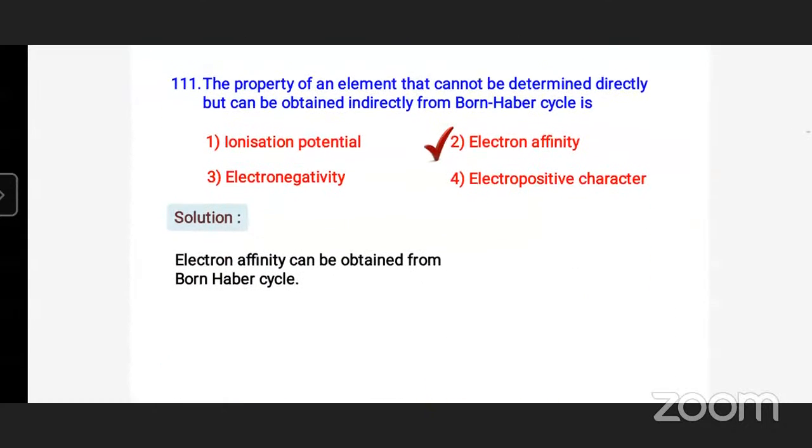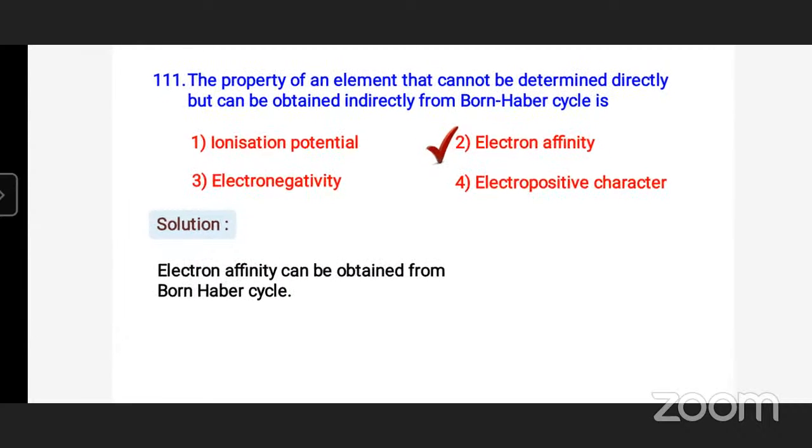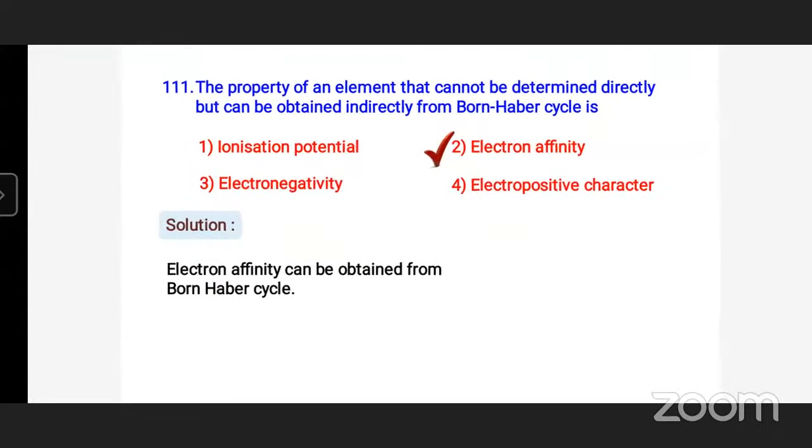Next, the property of an element that cannot be determined directly but can be obtained indirectly from the Born-Haber cycle. Number one, ionization potential. Number two, electron affinity. Number three, electronegativity.